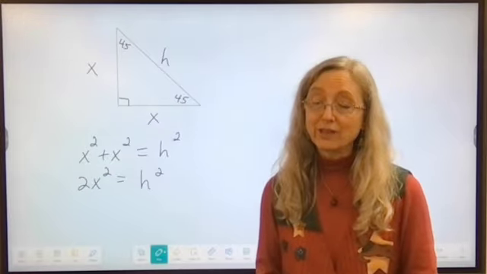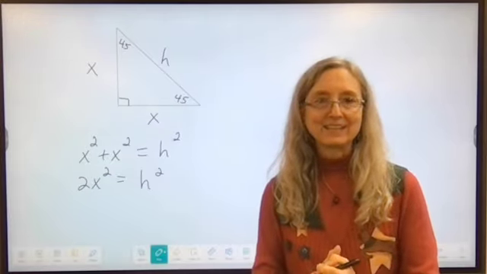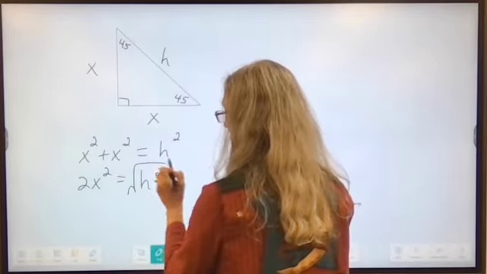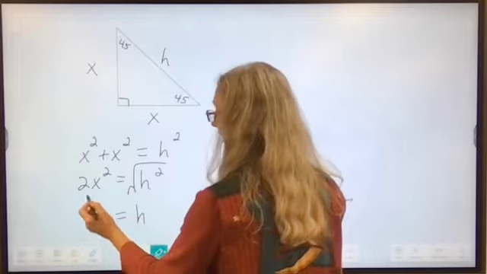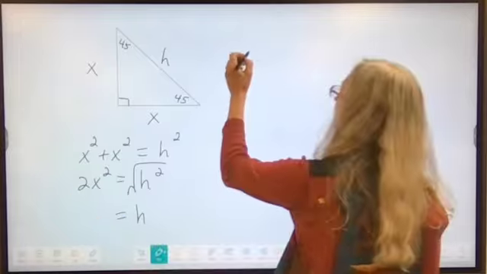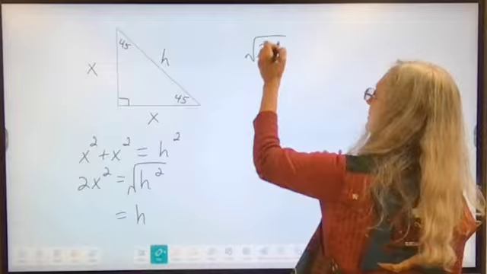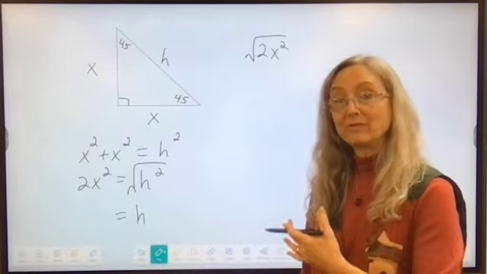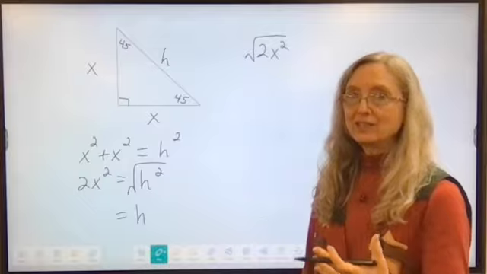Now, to solve for the hypotenuse, I need to take the square root of both sides. So the square root of hypotenuse squared is just the hypotenuse. The square root of 2x squared: the square root of 2 I can't pull out, but what's the square root of x squared? It's just x.